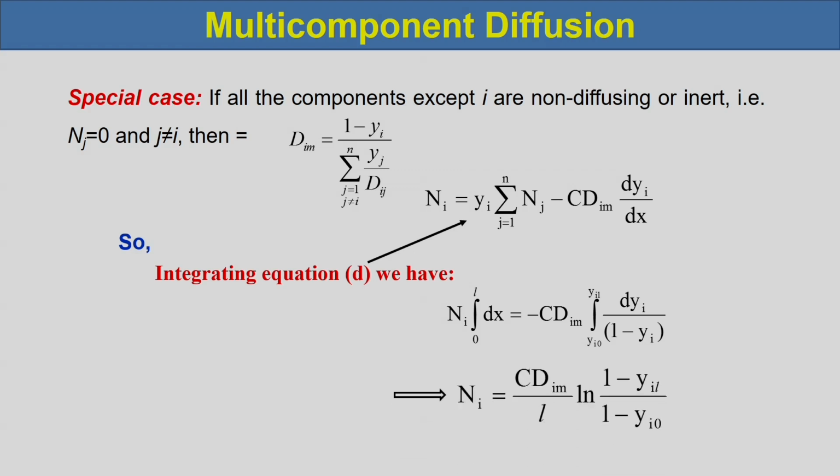So, if we integrate, we will get Ni equal to C D_i,mix by L ln of (1 minus yiL) divided by (1 minus yi0). So, this is the equation of the flux for multi-component systems, having the diffusivity of the mixture taken into consideration to calculate the flux.